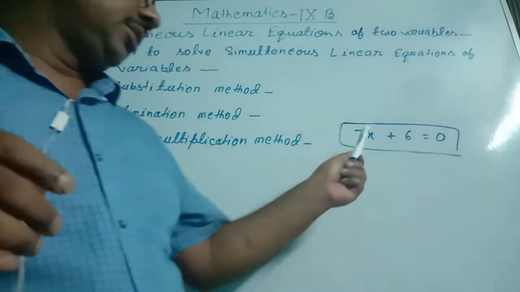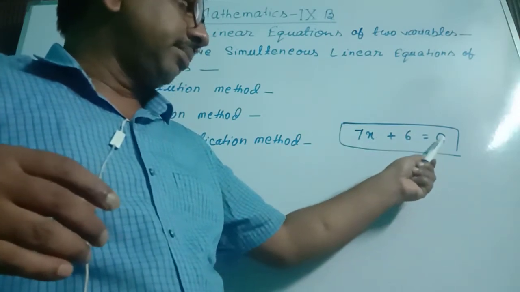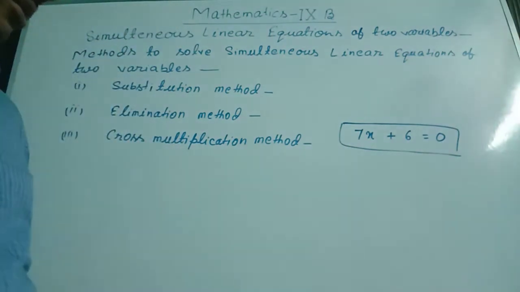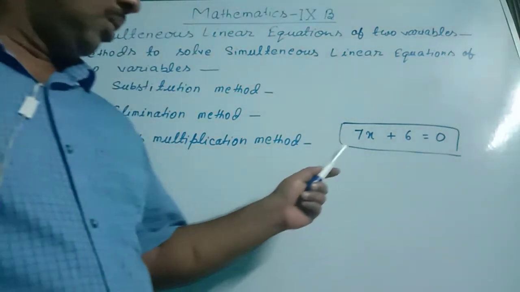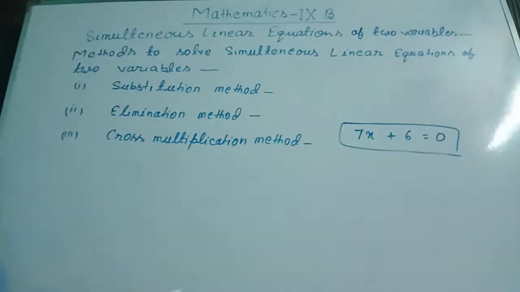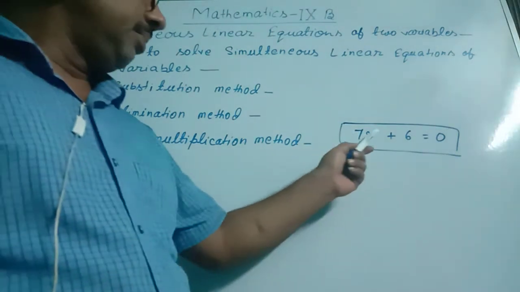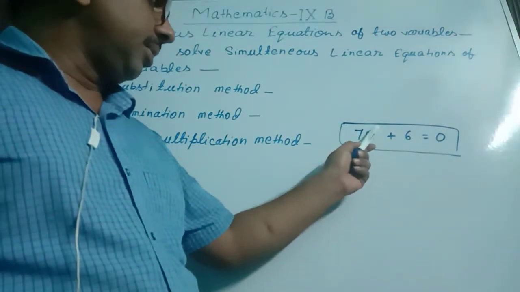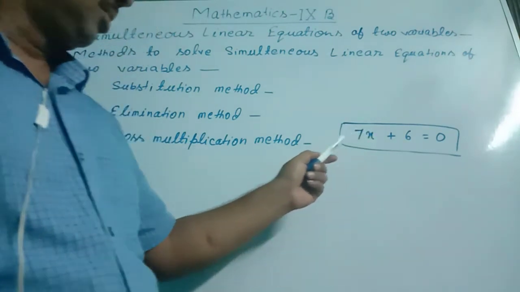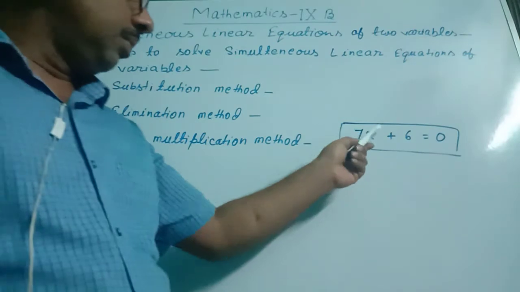Equation because this algebraic expression is equal to a constant term, meaning the symbol of equal to is used. And third, it has only one variable. So this is the linear equation of one variable.